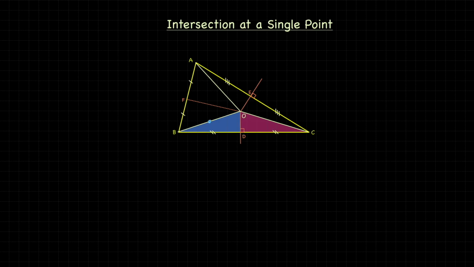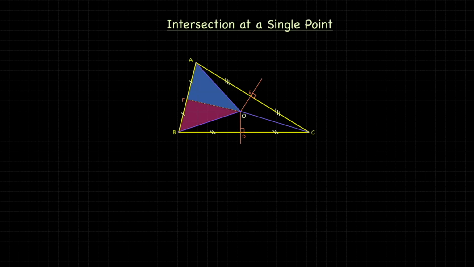Since the triangles are congruent, it means the length OB is the same as length OC. Now if you look at the next two triangles highlighted here, the same reasoning applies. The two triangles are congruent, so the length of OC will be the same as the length of OA. So that means that the lengths OB, OC and OA are all the same, highlighted here in purple.